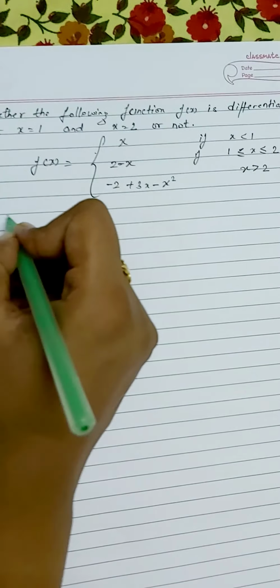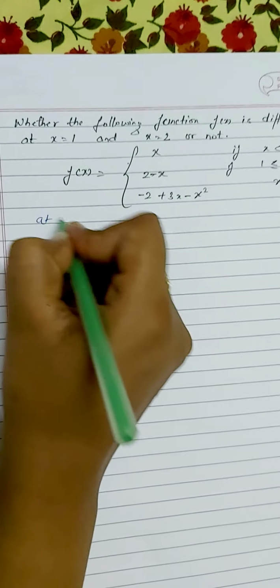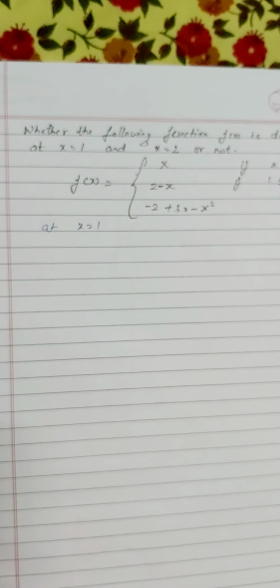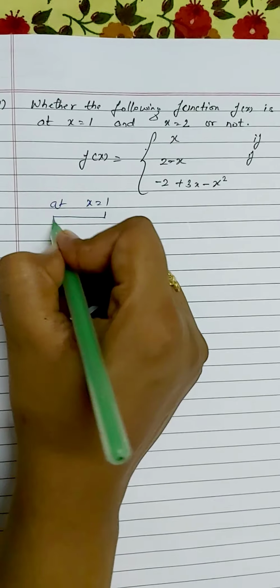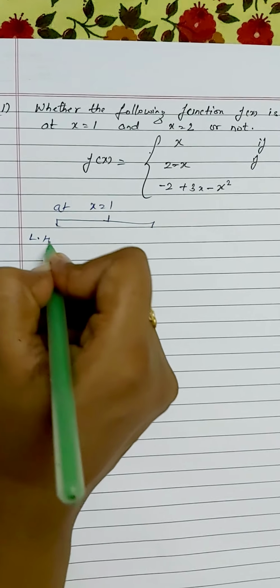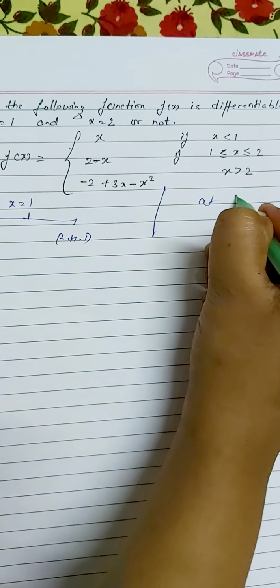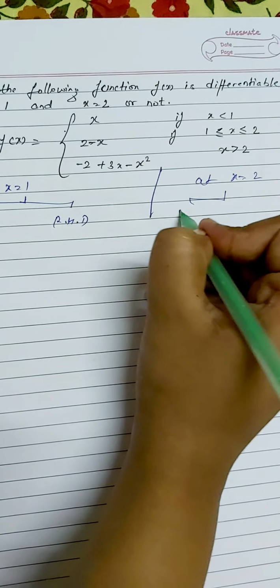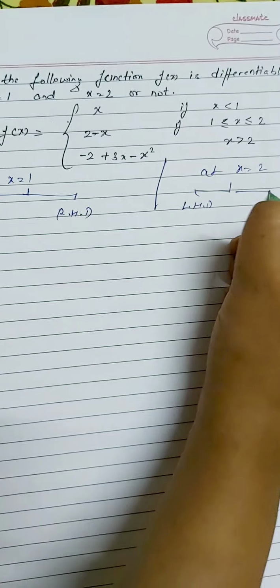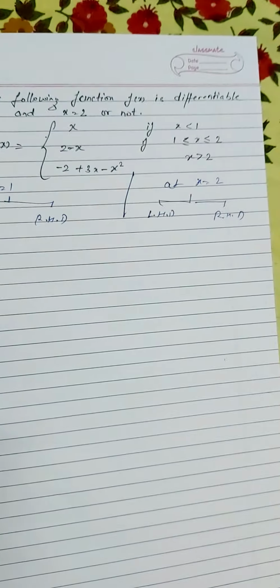So let's check it. At x equals 1 we check the left hand derivative and right hand derivative. Then at x equals 2, again left hand derivative and right hand derivative.